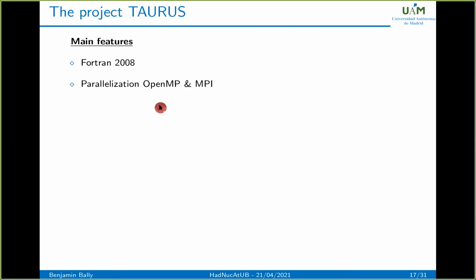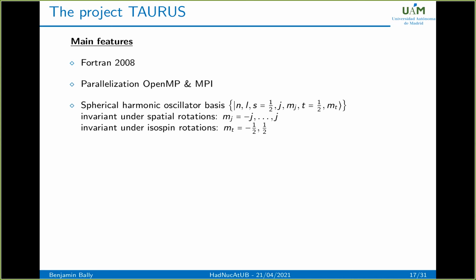The code includes parallelization. You can combine OpenMP and MPI at the same time, and you have also different degrees of MPI parallelization, if you want to focus, for example, on speeding up the code in terms of CPU time, or if your problem is more memory-bound, you have different types of MPI parallelization.